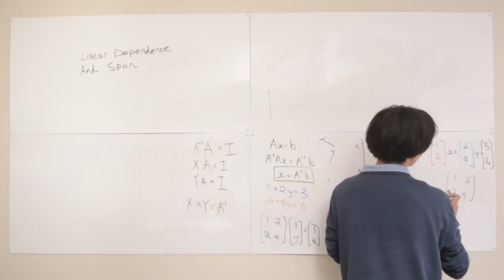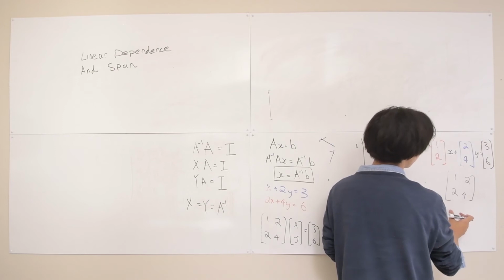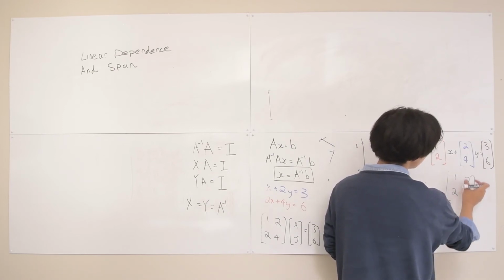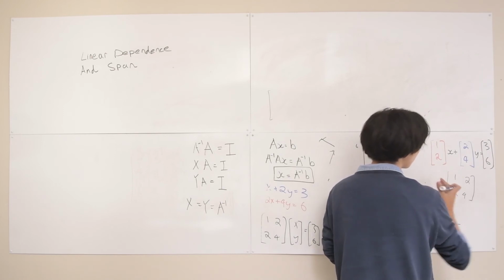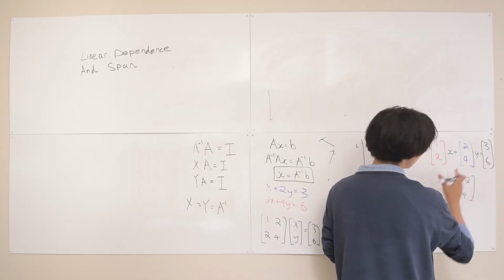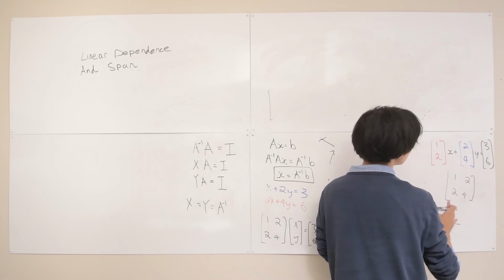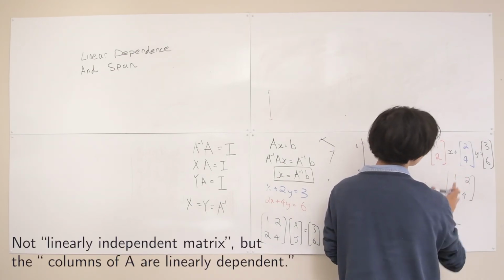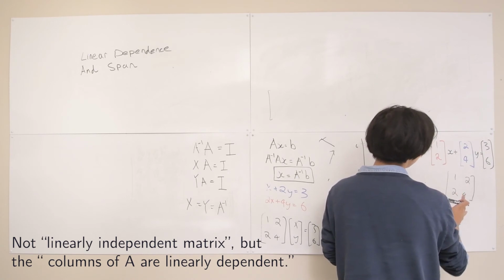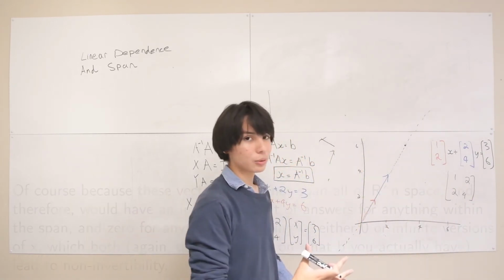So in this scenario, one column of the matrix A can be created by some linear combination of the other columns of the matrix A. We call this a linearly dependent matrix. And when you have a linearly dependent matrix, that means that matrix is uninvertible.